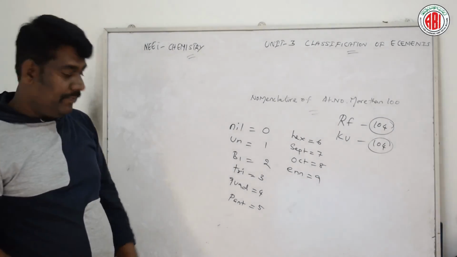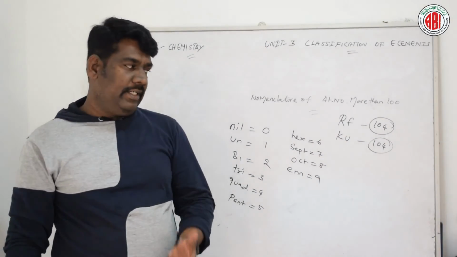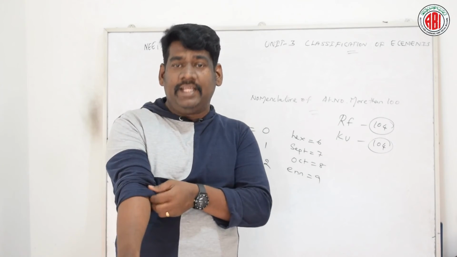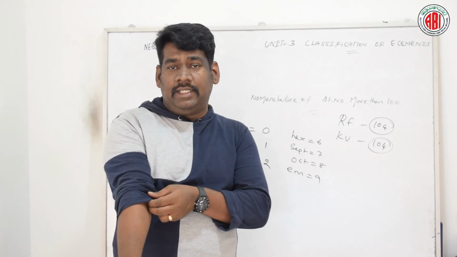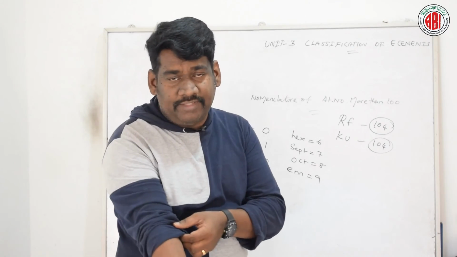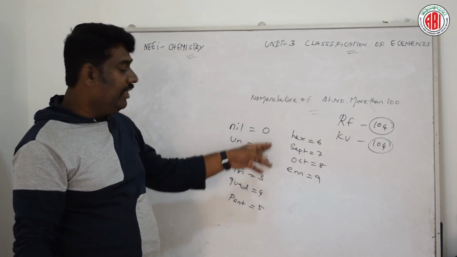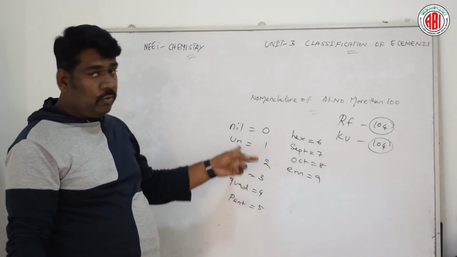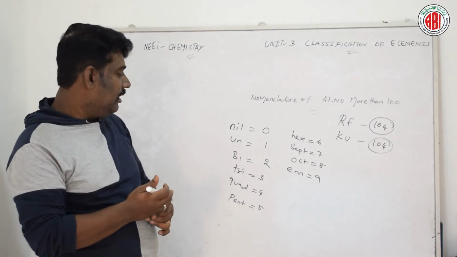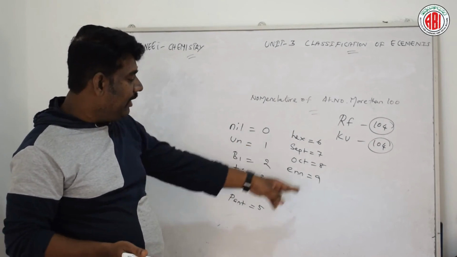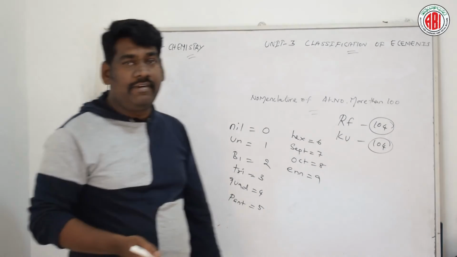So for elements with atomic number more than 100, their names should be derived from the numerical roots of their number. If the digit is 0, it starts with nil, and similarly it goes on until en for 9.